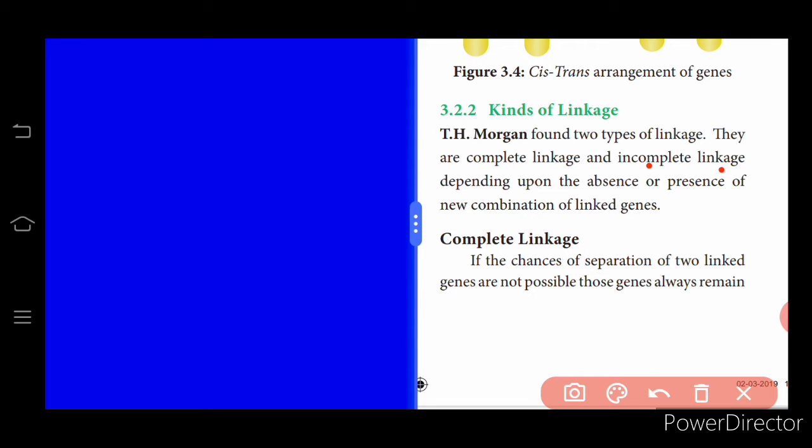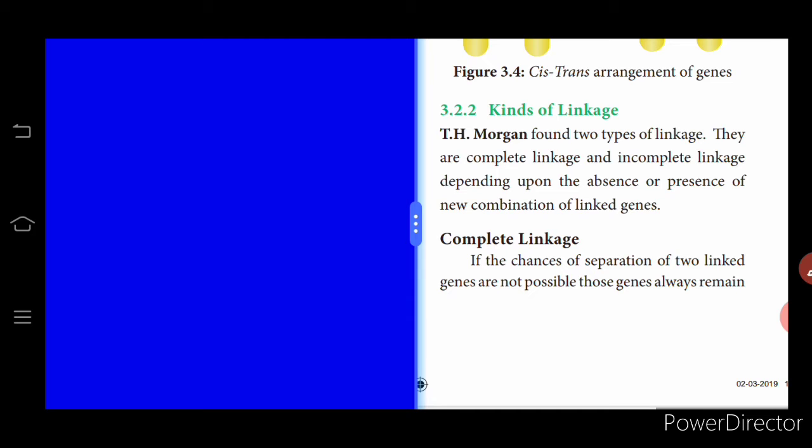If incomplete linkage is there, it shows presence of new combinations of the linked genes. That is what you should understand. If it is complete, there is no recombination occurring, right? If it is incomplete, there is a chance for recombination, that is new combinations of the genes. Yes, we shall move on with complete linkage now.